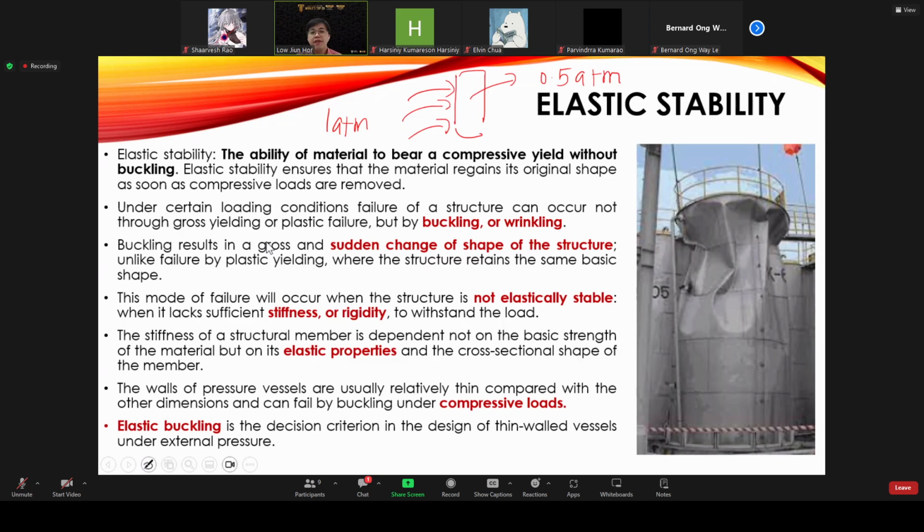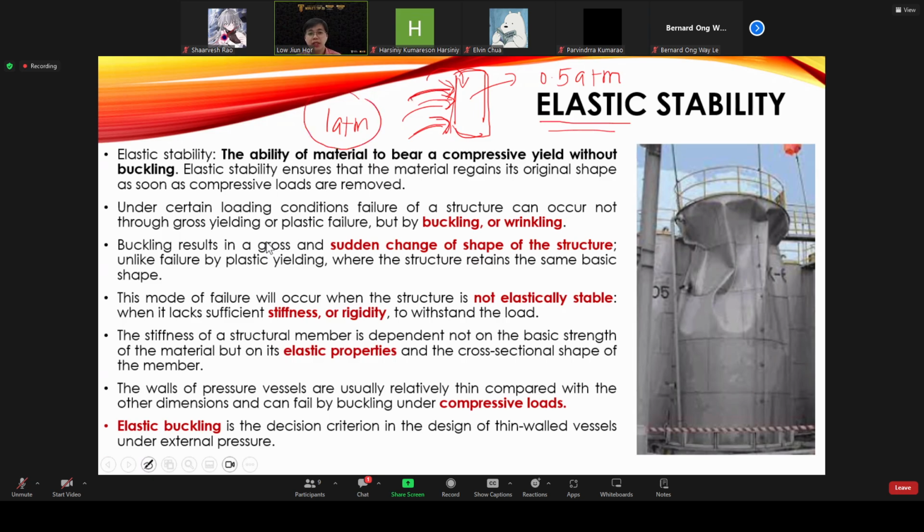So if the thickness is thick enough, and the elasticity of the material that we use to fabricate the pressure vessel is strong enough, the elasticity of the material will try to withstand and counterbalance the compressive force applied by the external pressure.